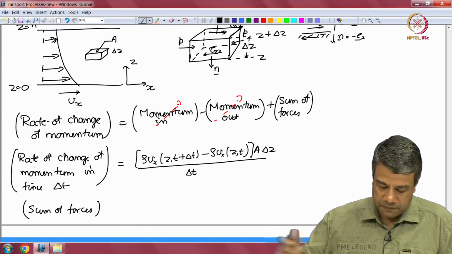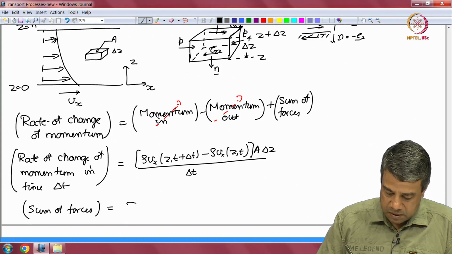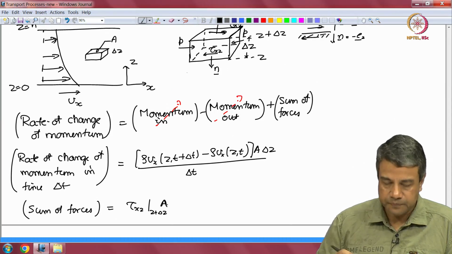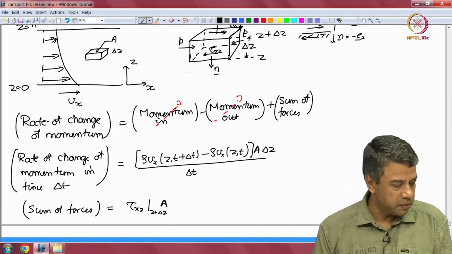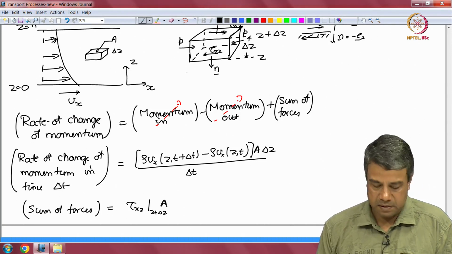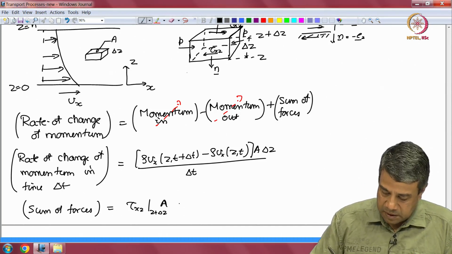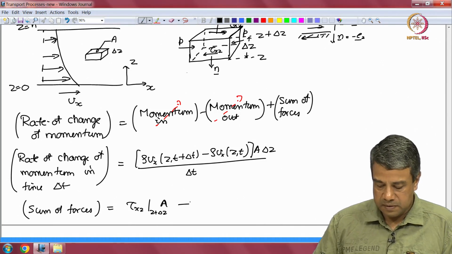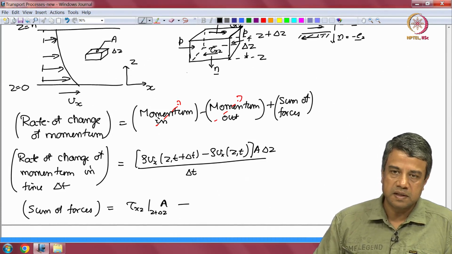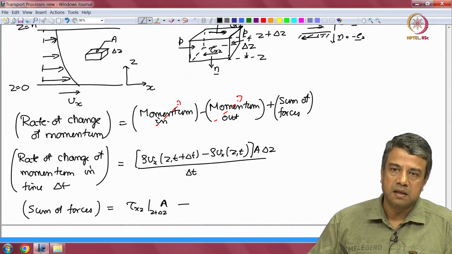The force on the top face is going to be equal to tau x z at z plus delta z times the area A. And the force at the bottom is in the minus x direction, because the outward unit normal at the bottom is in the minus z direction.